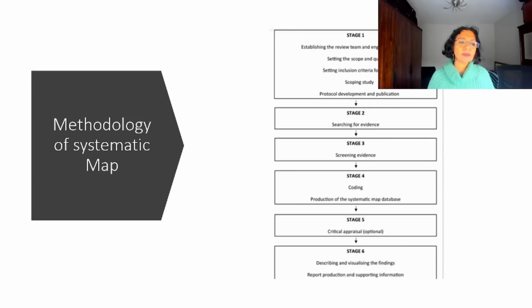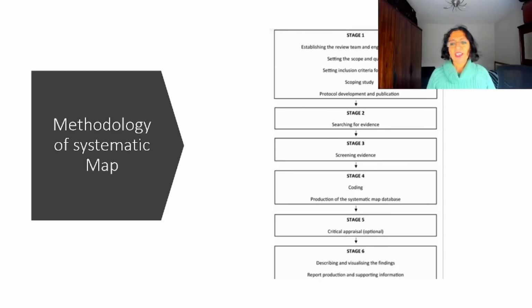So coming to the methodology of systematic map, we have seen the stages when we saw the difference between a systematic map and systematic review. However, I would like to summarize the 6 main stages. Stage 1 is establishing the review team, engaging stakeholders, setting the scope of the systematic map and the question, setting the inclusion criteria for studies, and also protocol development.